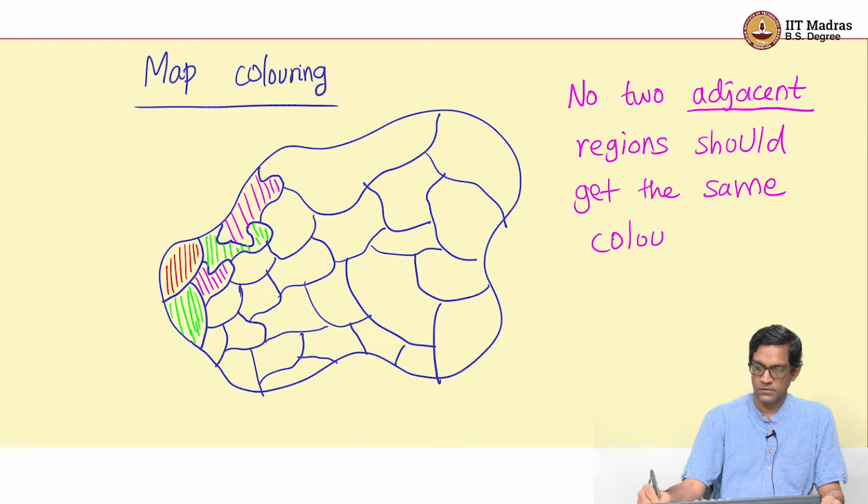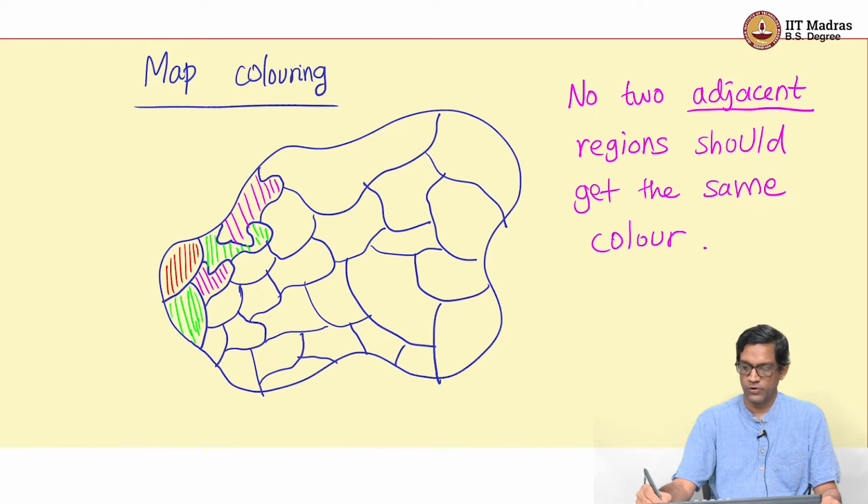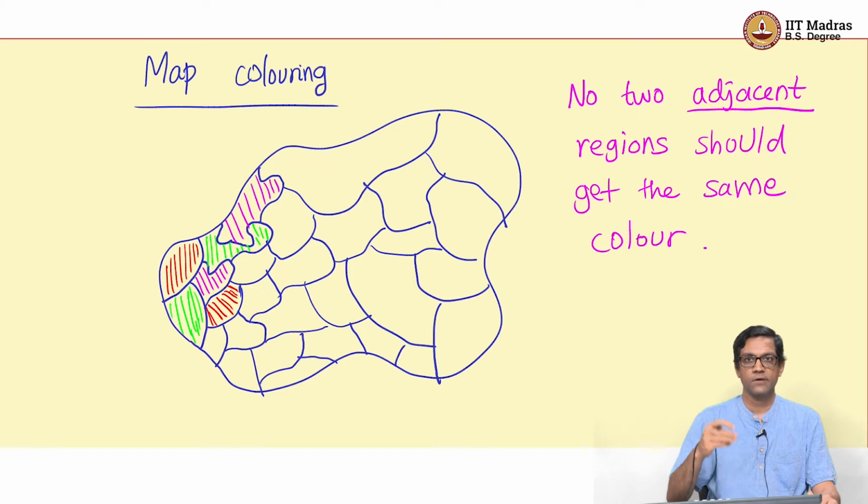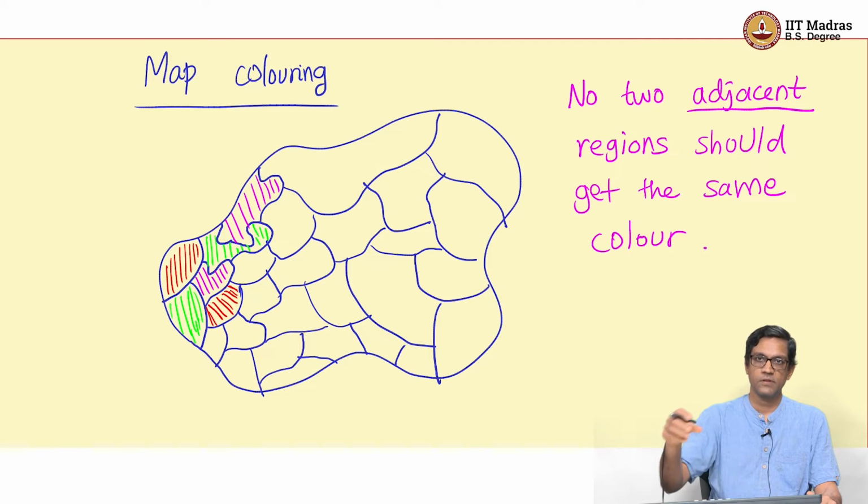This is one of the first things you would want to do if you were trying to draw a map and color it, for example the map of a country. So try drawing various maps and seeing how well you can color them. In this particular case, I won't do the entire thing, but the goal also is to try and do it with the least possible colors. Of course, if you had lots of colors available, you could just give different colors to each of the different states.